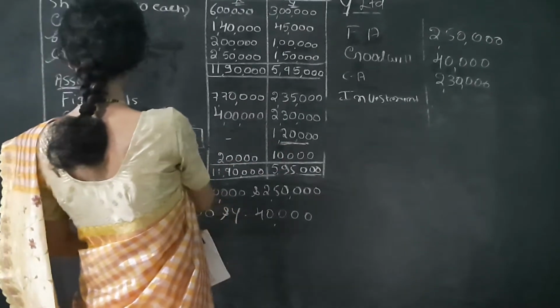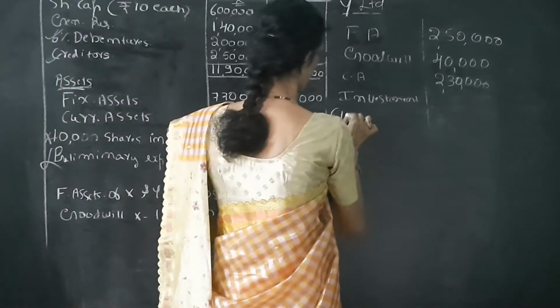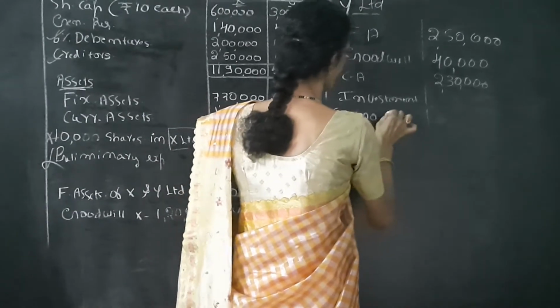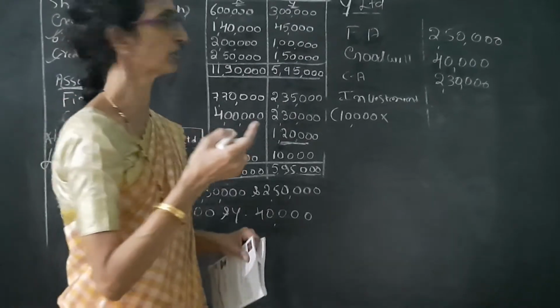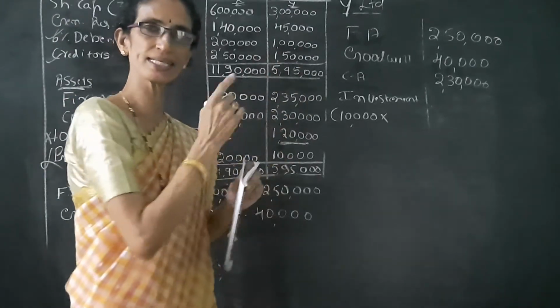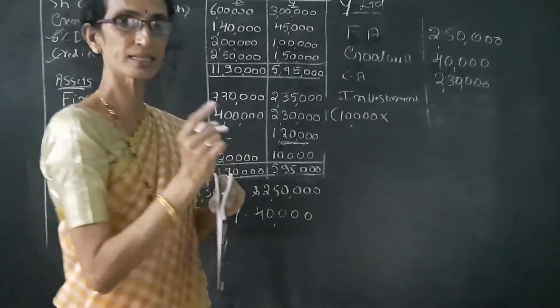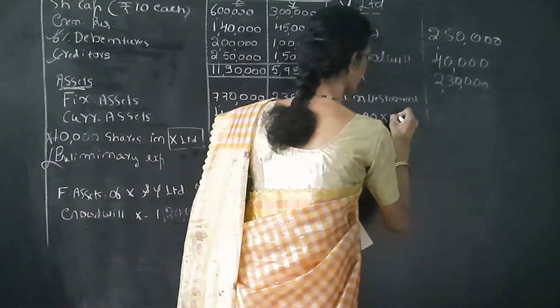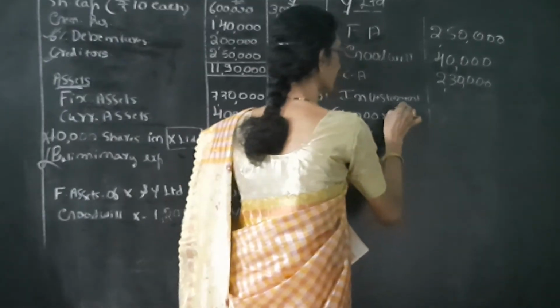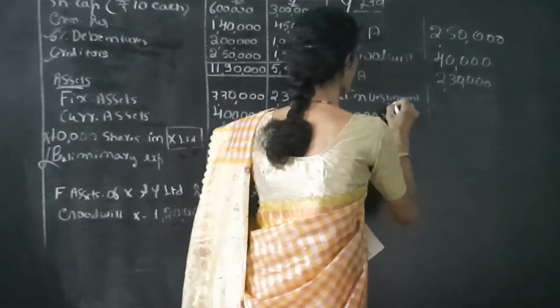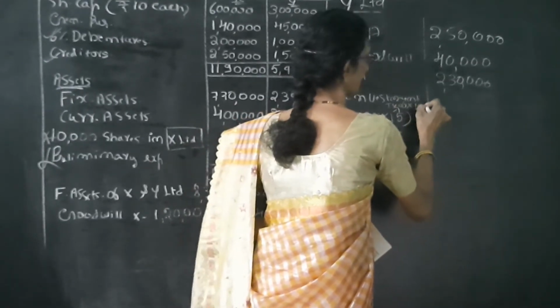So X Limited share is 10,000. So this is the number of shares into market value of the shares. We already calculated in X Limited the intrinsic value of the share is 15 rupees. So here we have to take into consideration this 15 rupees.